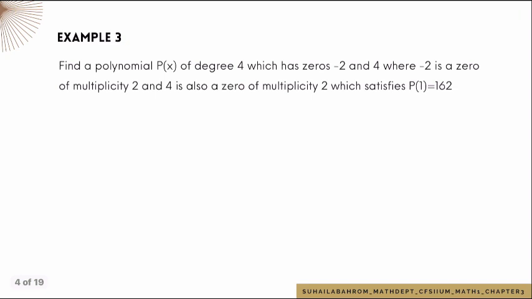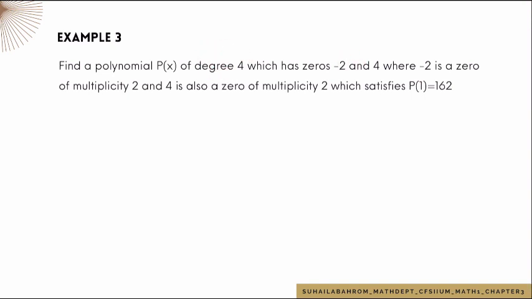Let's look at this example. Find a polynomial P(x) of degree 4 which has zeros negative 2 and 4, where negative 2 is a zero of multiplicity 2 and 4 is also a zero of multiplicity 2, which satisfies P(1) equal to 162. When the polynomial has a degree of 4, it means the maximum number of zeros for that polynomial is 4.